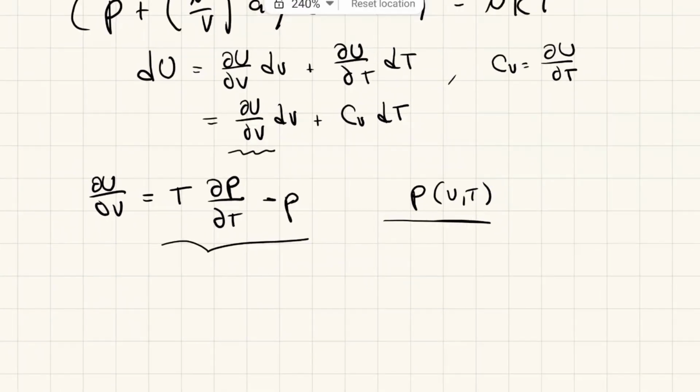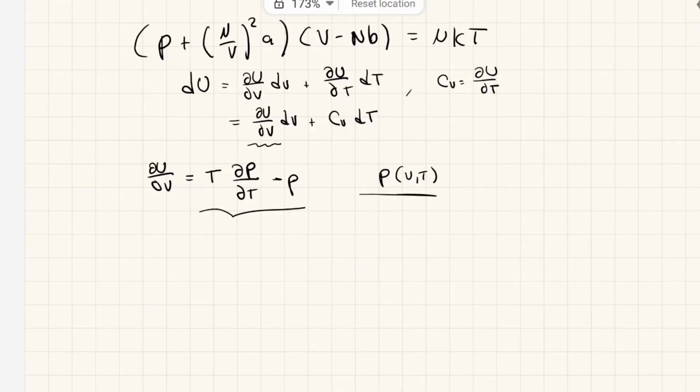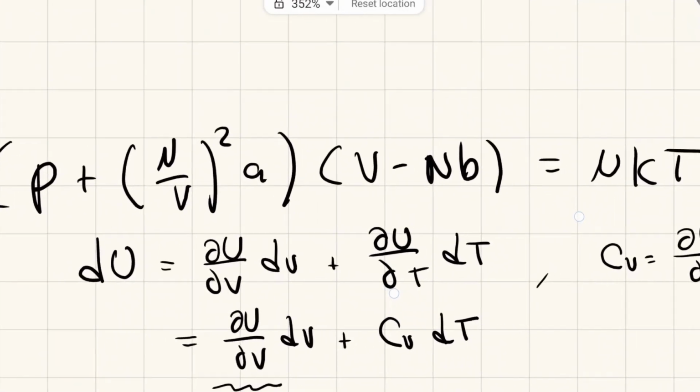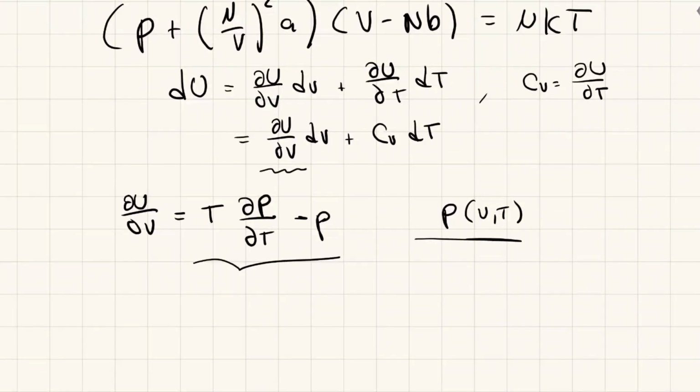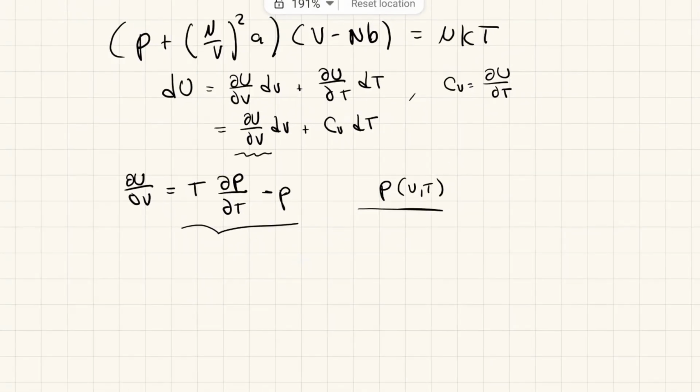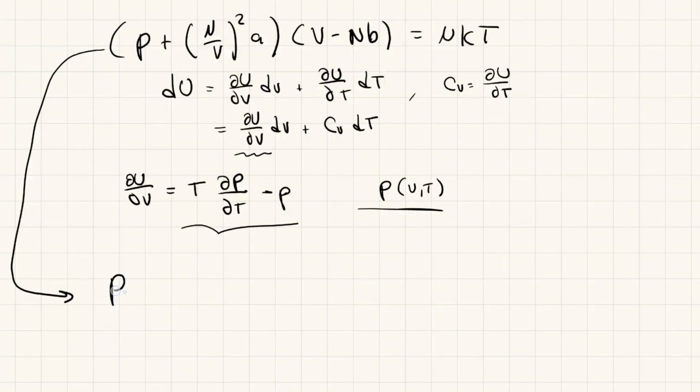With the ideal gas, we used PV equals nRT, but now we are working with the van der Waals gas, so we need to solve this equation for P just to be able to express P in terms of V and T, right? I think it's not too hard to see that P is equal to nRT divided by V minus nb, minus n² divided by V² times a.